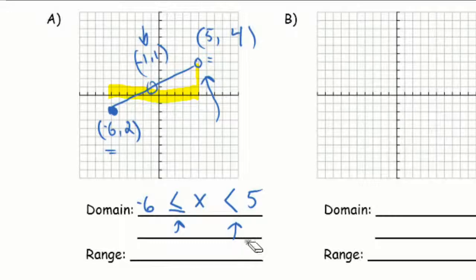That's one notation. I think they called it interval notation. You can also write it like this. My smallest x value is -6. My largest was 5.